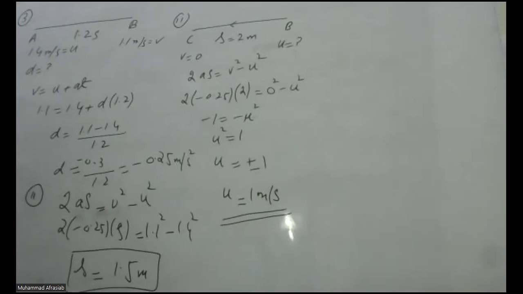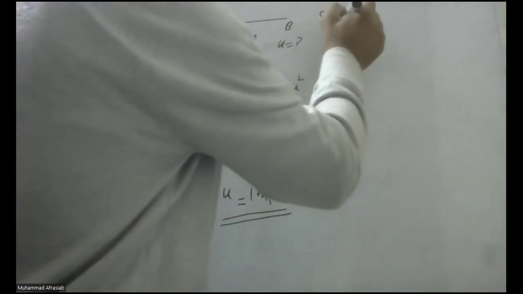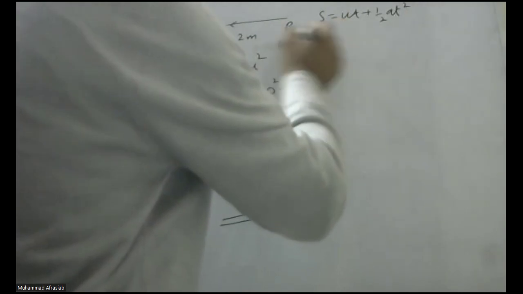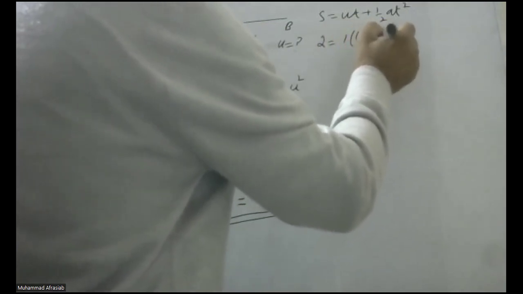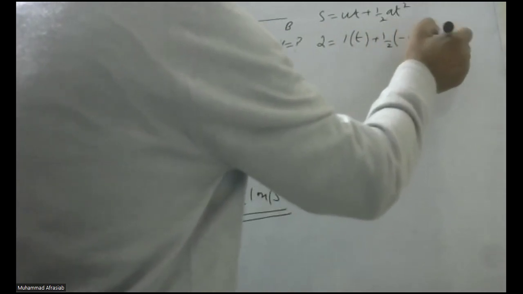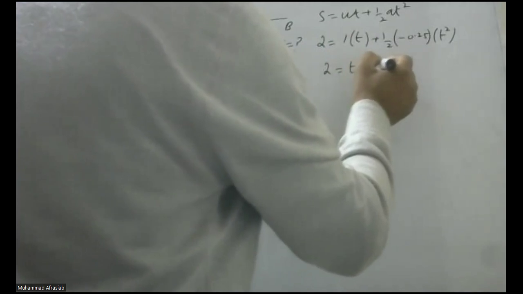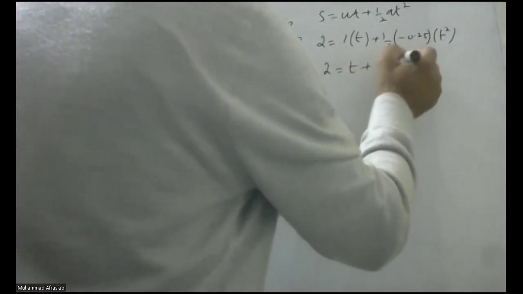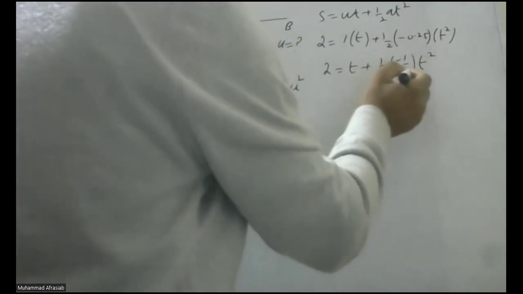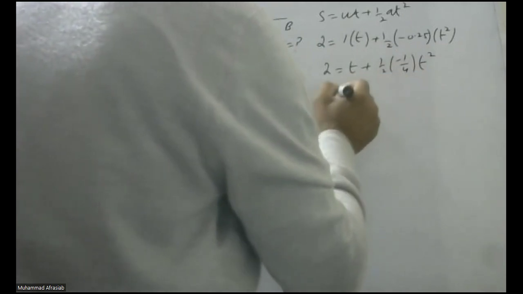Then we are going to calculate the time it took from B to C. We know that s is equal to ut plus half at squared. s is equal to 2 meters, u is equal to 1, time is t, plus half times acceleration, minus 0.25, times t squared. So 2 is equal to t plus 1 over 2 into minus 1 over 4 into t squared. That gives 1 over 8 t squared minus t plus 2 equal to 0.